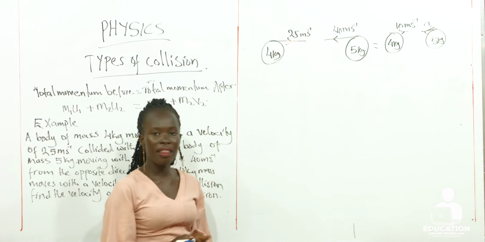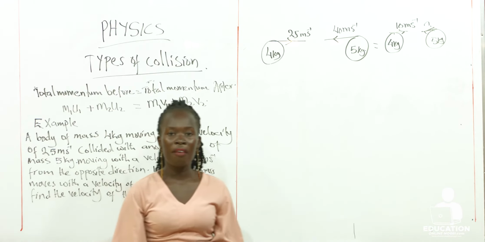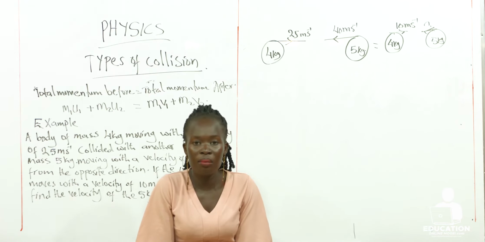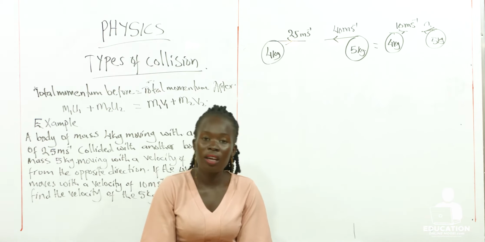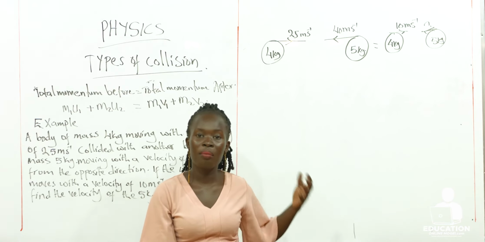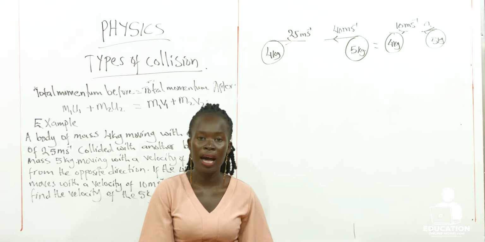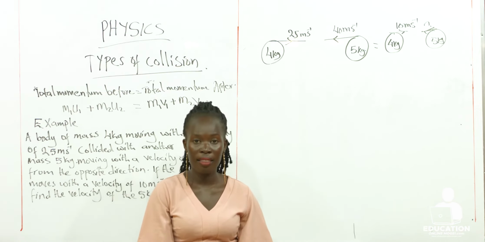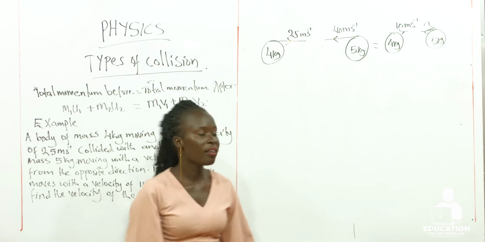For us to find that, we need to conserve momentum. How do we conserve this linear momentum? During the conservation, we say that the momentum remains constant before and after collision, provided there is no other external force.